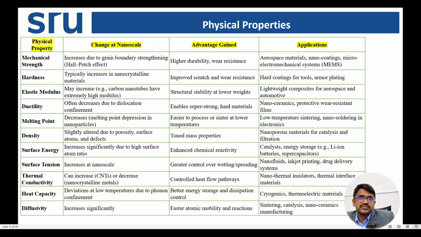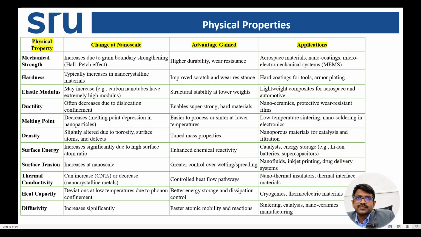Because of this increase in grain boundary strengthening, we can get higher durability and wear resistance. Whenever we make any material, we wish to use that material for a long time, right? That is durability.